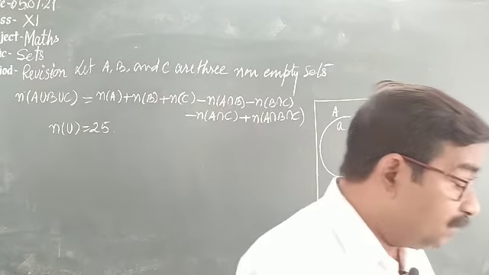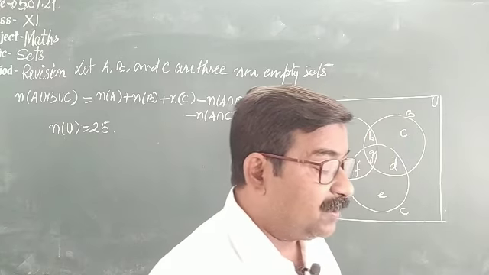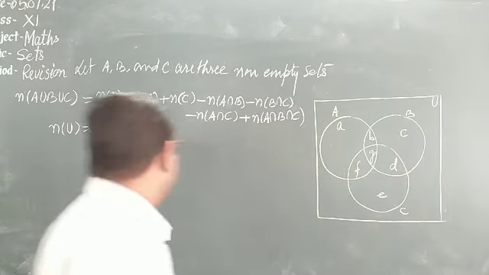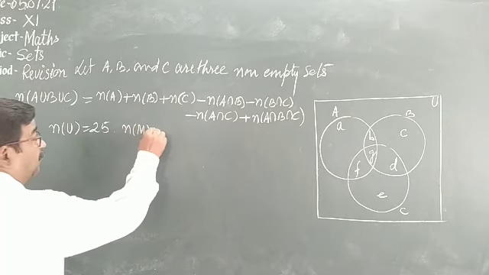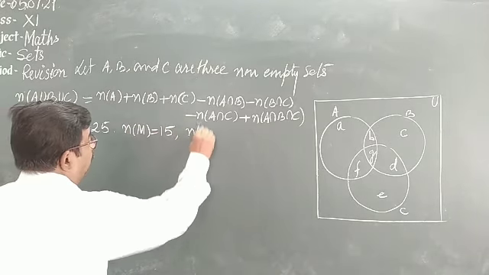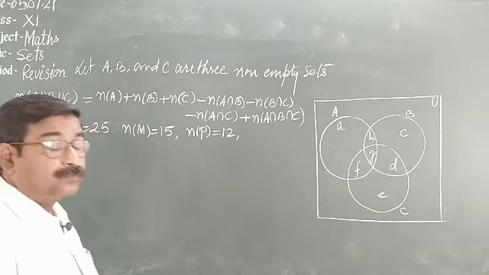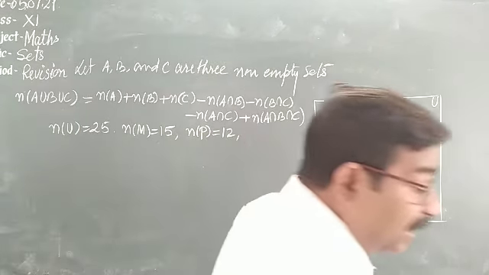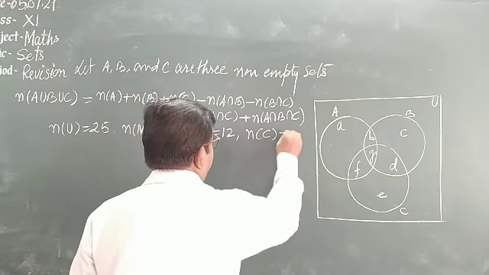Given that it was found that 15 had taken mathematics, 12 had taken physics, and 11 had taken chemistry: M for mathematics is 15, P for physics is 12, C is 11.